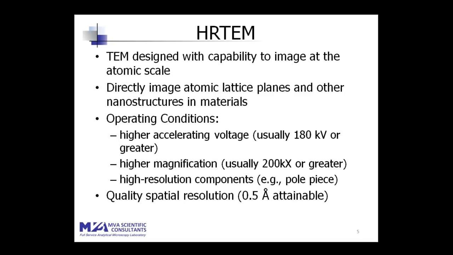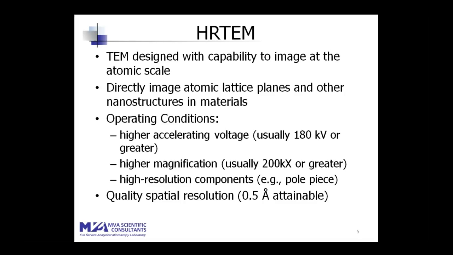And usually that's at 200 kx or greater, but that can vary quite a bit depending on how you have the camera placed, for example, in the TEM. And then there's some other high resolution components that help us achieve the highest point-to-point resolution possible. In the case of our CM200, we have a high resolution pole piece, and this pole piece establishes boundary conditions for the magnetic field that controls those electromagnetic lenses I was talking about earlier.